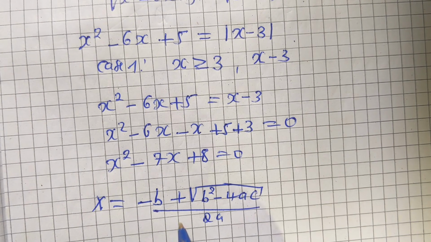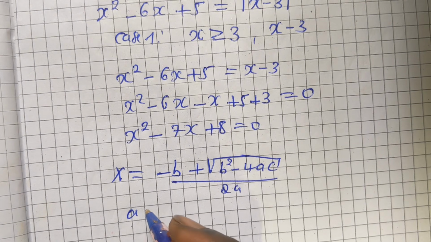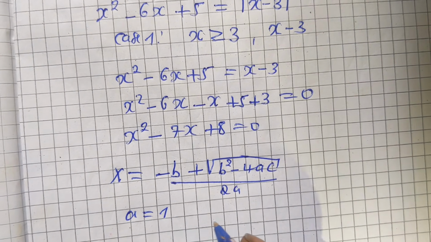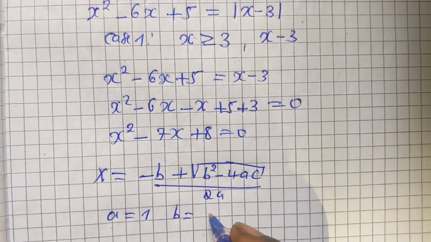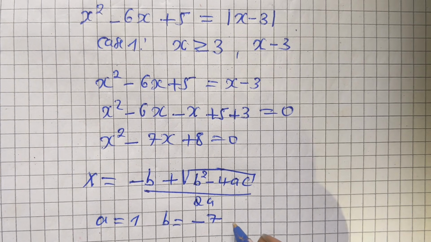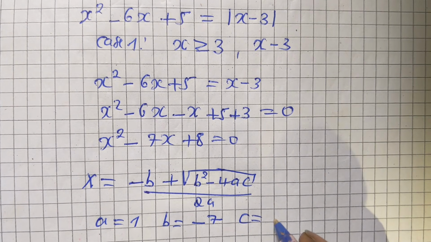From this equation, a equal to 1, b equal to negative 7, and c equal to 8.